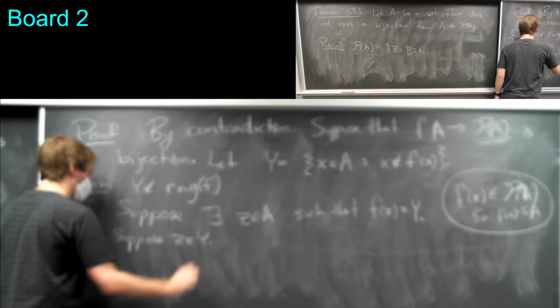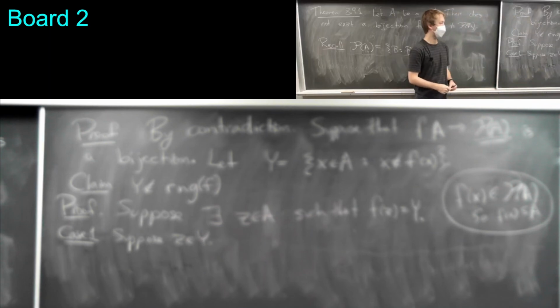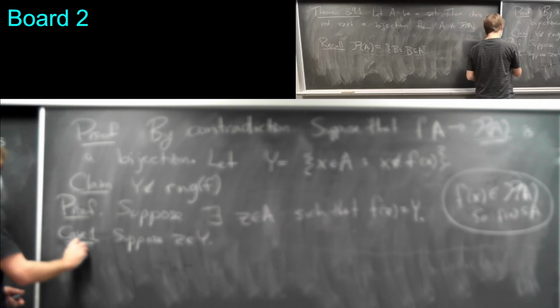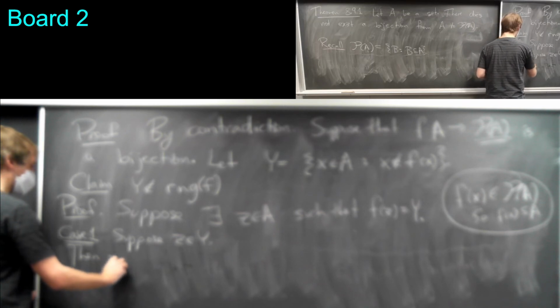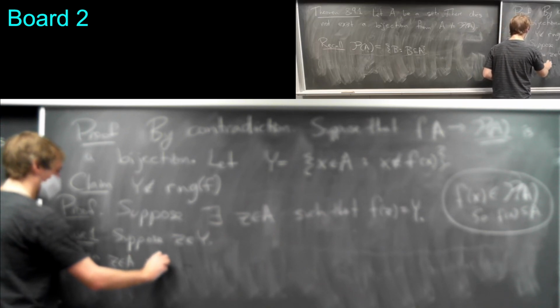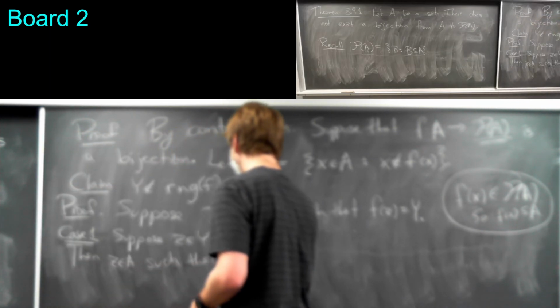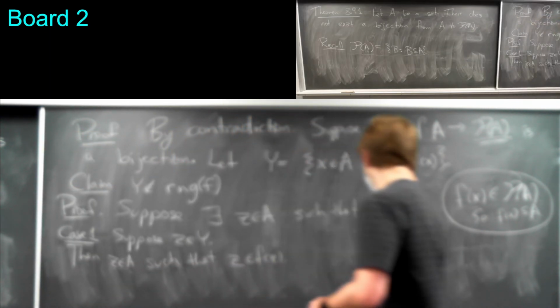Case 1: suppose z is an element of Y. Well, then z is obviously an element of A such that z is an element of f of z, because f of z is Y.